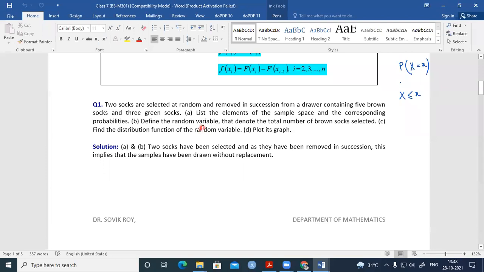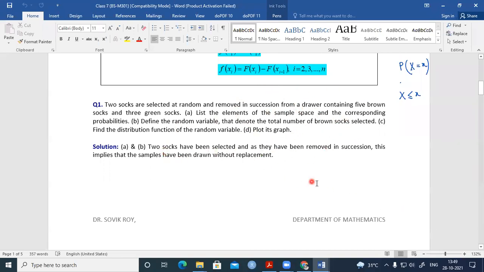You can recalculate the entire problem by considering another random variable Y, which counts the number of green socks. After that, in the third part of the problem, we are going to calculate the distribution function of this random variable, for the number of brown socks selected.